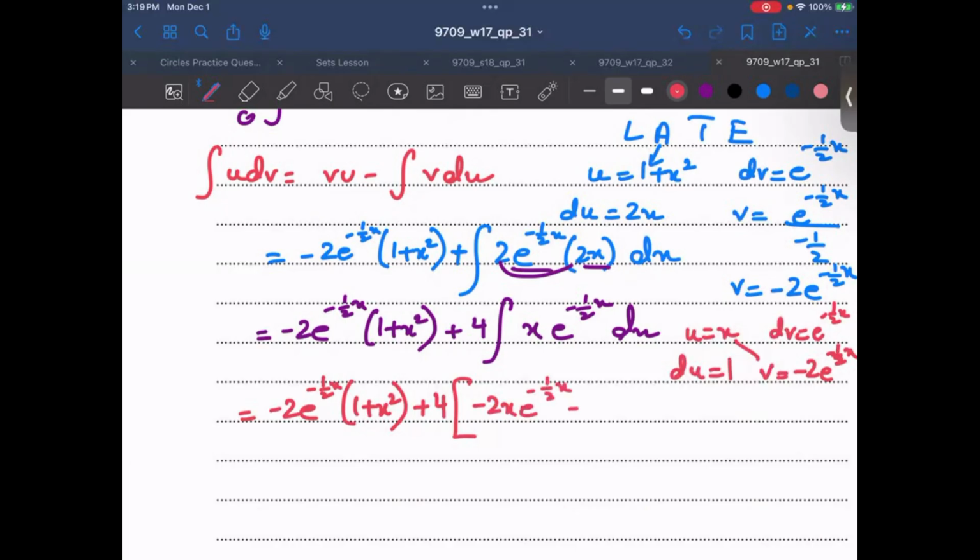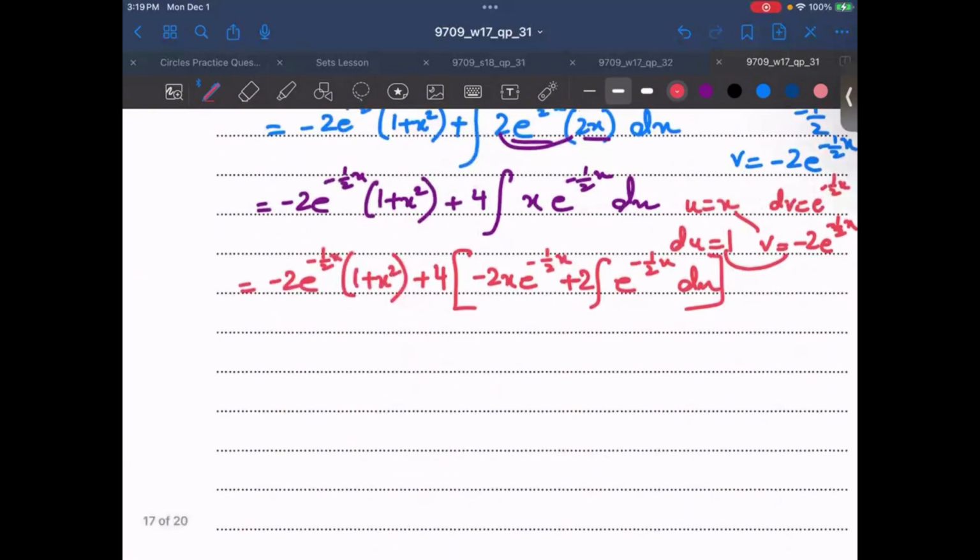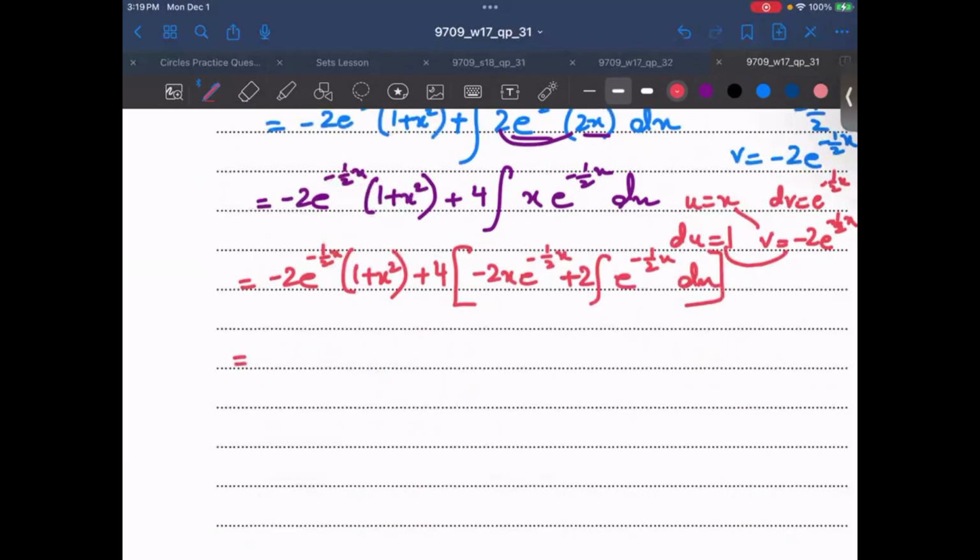So v du will make it plus, we can write 2 outside, e power minus half x dx. Integrating this e power minus half x again, we will get minus 2 e power minus half x, so we can just leave this as it is, and integrating this term, we'll get minus 2 e power minus half x one more time.